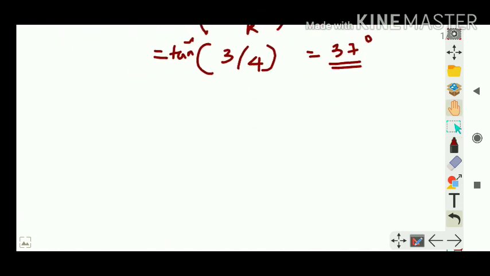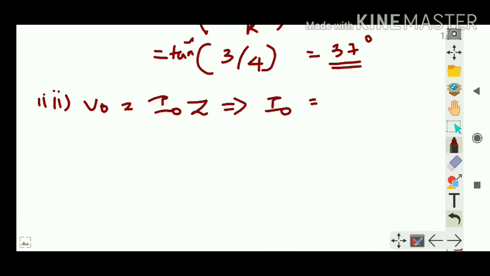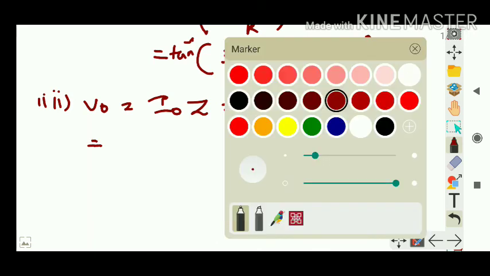Anyways, the next, third one was, you were asked what is I naught. V naught is equal to I naught into Z, right? Or I can write I naught is equal to V naught by Z, right? So V naught you are given from the equation, guys.